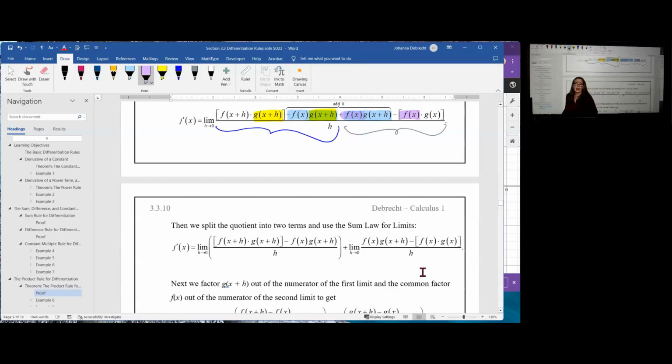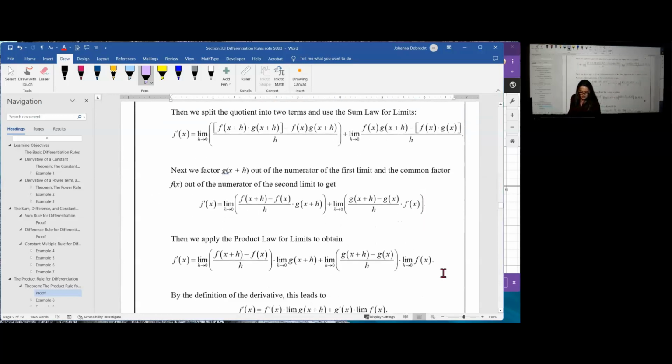Both are divided by h, since these are coming from the definition of the derivative. Now we factor out the common g of x plus h in this first limit and the common f of x in the second limit, as you see in the color-coded section above.